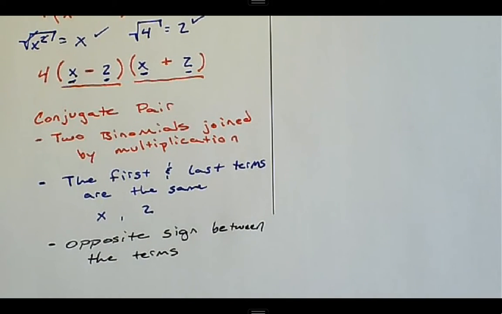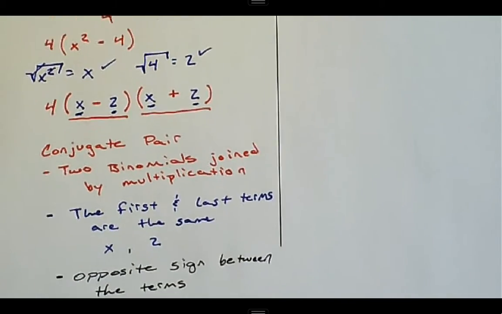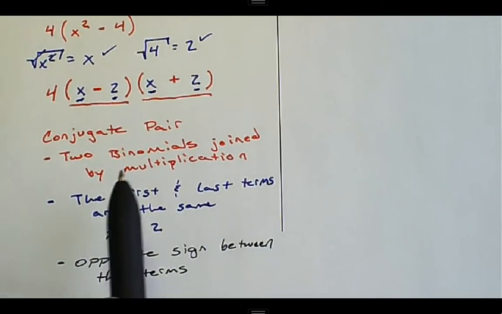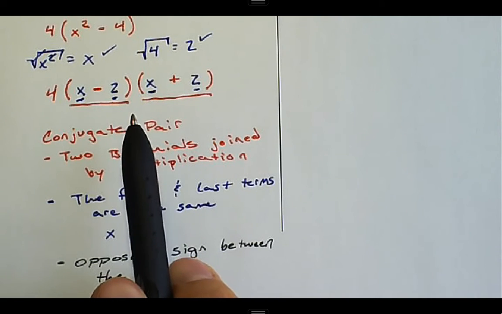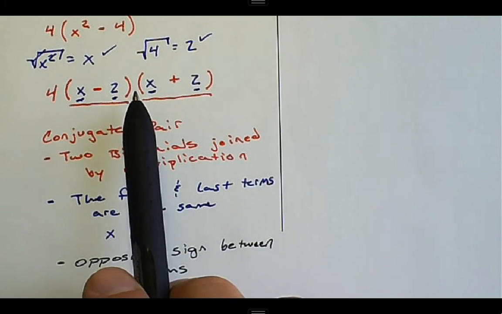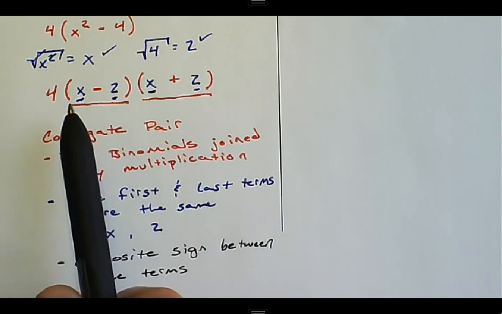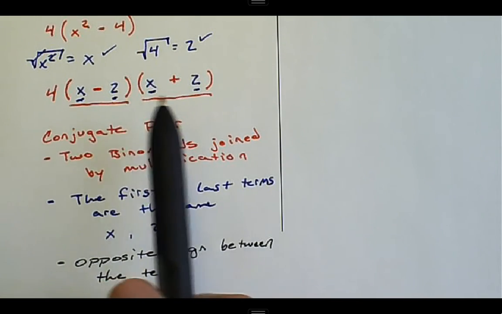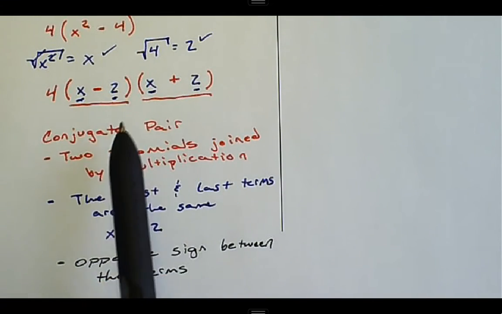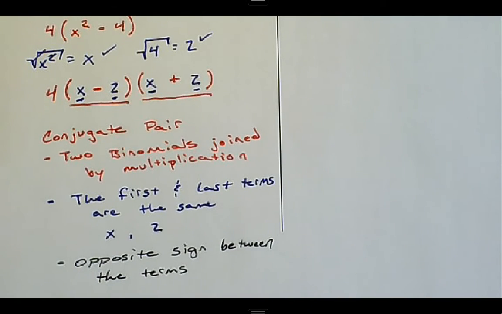So those are the things that make up a conjugate pair: two binomials multiplied together, with the same first terms, the same last terms, and opposite signs joining the two terms.